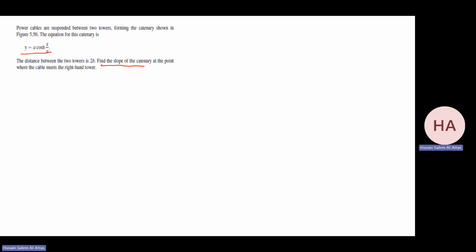What will be y prime? That will be a times sine hyperbolic x over a times the derivative of this, which is 1 over a. So it will be sine hyperbolic x over a.